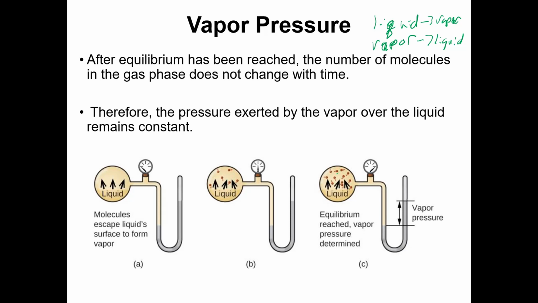And then eventually, we reach that point of equilibrium where we have these liquid particles turning into vapor, but we've also got some of those vapor particles turning back into liquid. So this is where we've reached equilibrium. And if we were to calculate concentrations, we'd find that the concentration of the vapor and the concentration of the liquid remains the same over time.